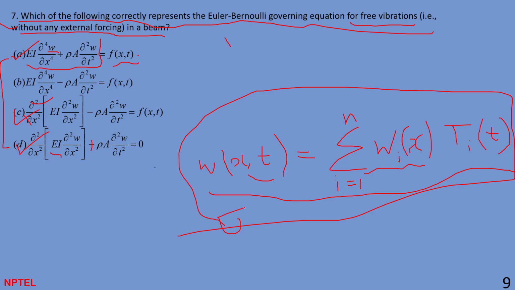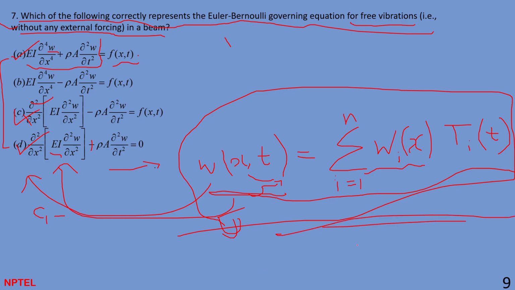The method is called separation of variables. You assume this displacement, put it in the partial differential equation, and you get some kind of equation with different constants, and those constants can be calculated by applying the boundary conditions. Please do remember this equation too. Okay.